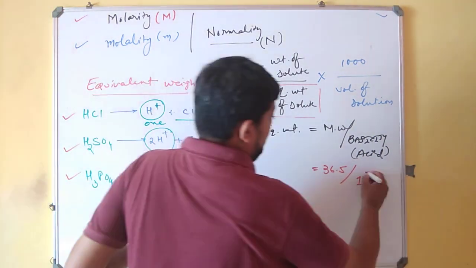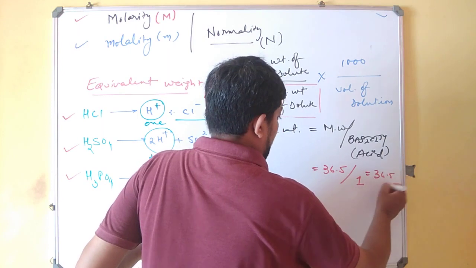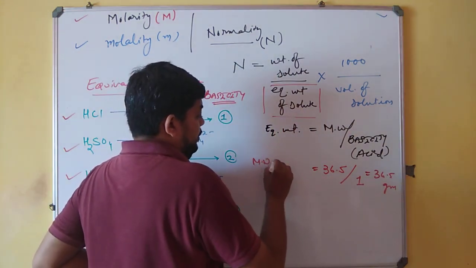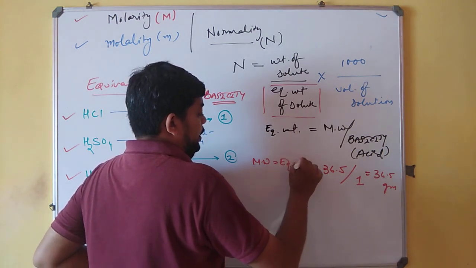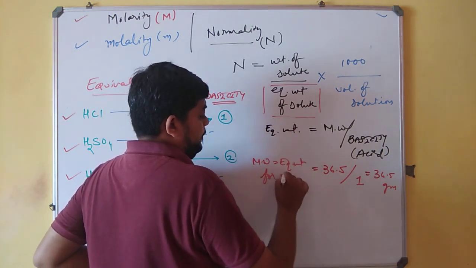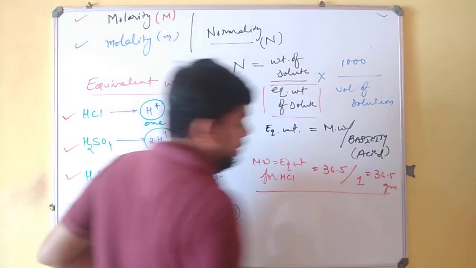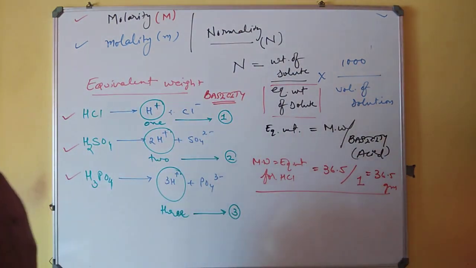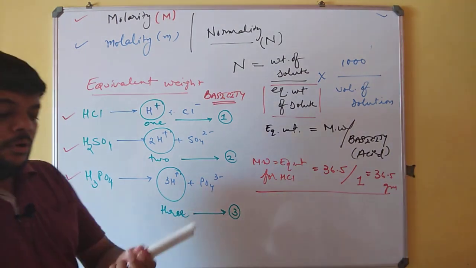So my equivalent weight will be 36.5 gram. So over here we can say that molecular weight is equal to equivalent weight for HCl.